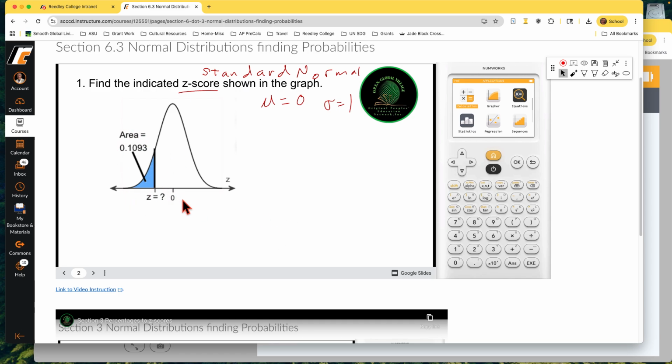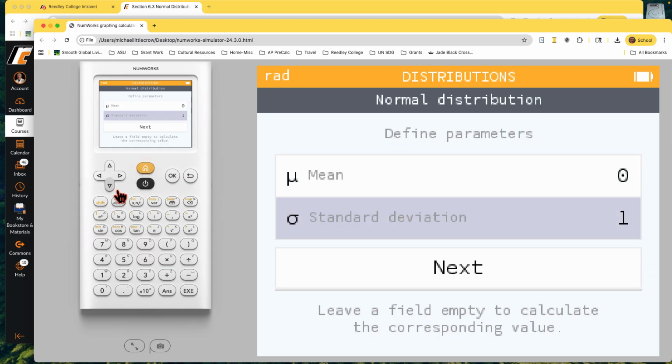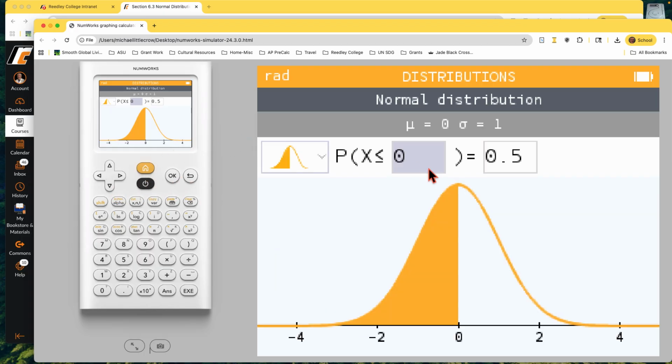So in this case, we're given the area. Is that going to cause a problem? Well, it could. We didn't know that in our input, we arrow over, we can actually put the percentage in, the probability, the area. We can actually enter that, and it will give us the z-score.